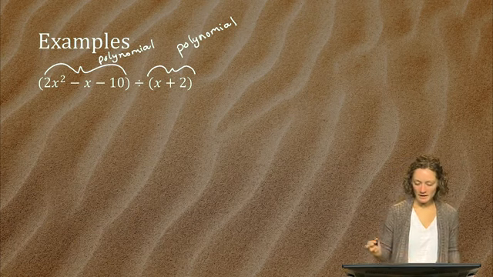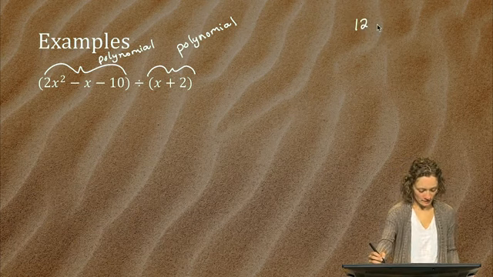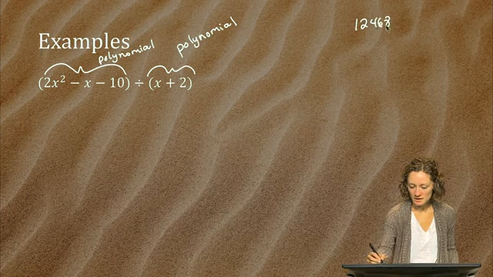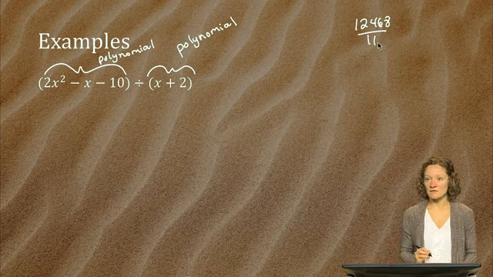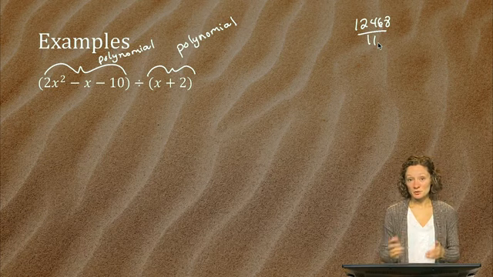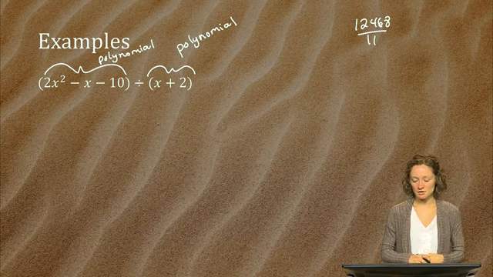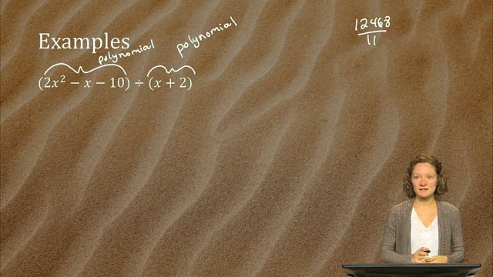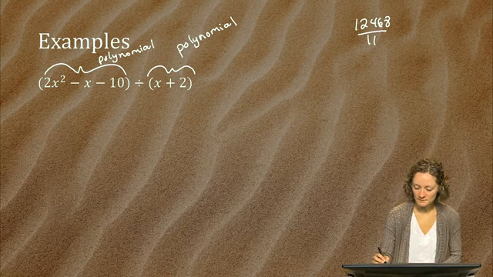So let's say we want to look at 12,468 divided by 11. If you were to do this problem by hand, if I told you not in the calculator, because obviously you could type it in the calculator, I want you to divide this by hand. How would you set it up?